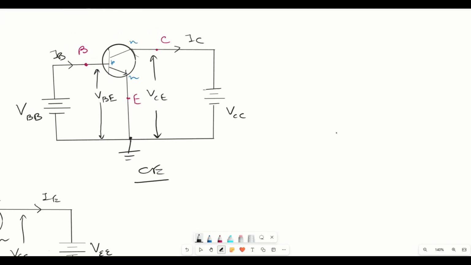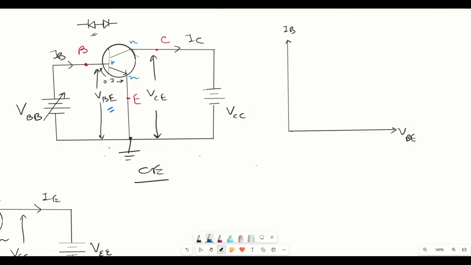So if we plot the input and output characteristics, we have to plot the response of voltage versus the current. So across the input, the x-axis will be voltage. So the voltage is VBE and the current is IB.